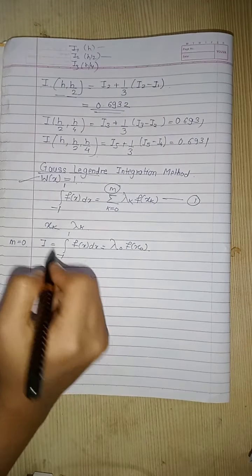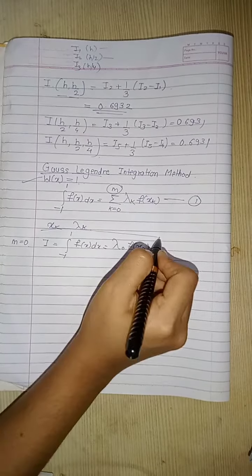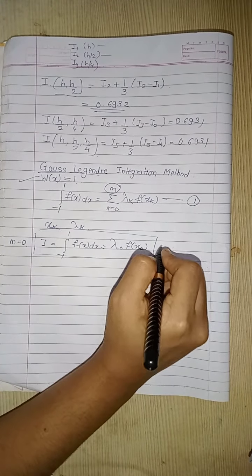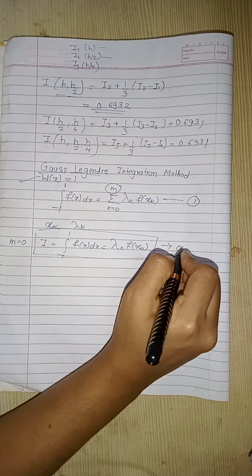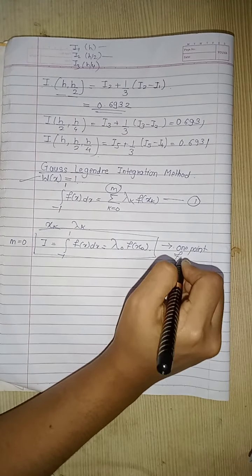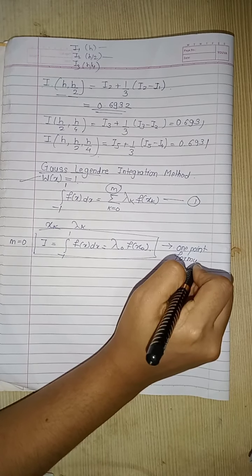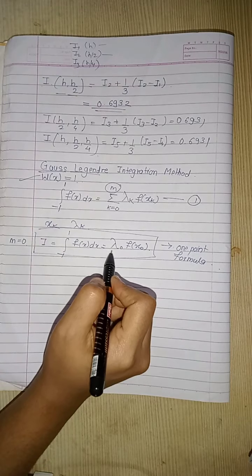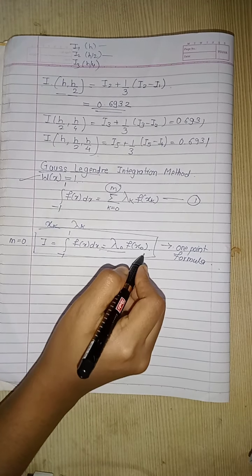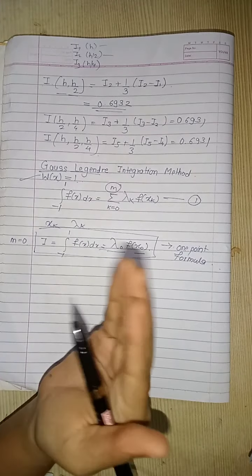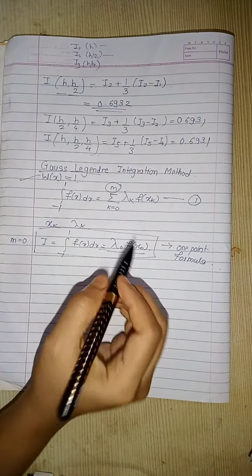Okay, so this formula, which you got by just substituting the value of m as 0, is known as one point formula. Now if you observe in this formula, we have lambda naught and x naught. These are the two unknowns, so we need to find the values of these unknowns.